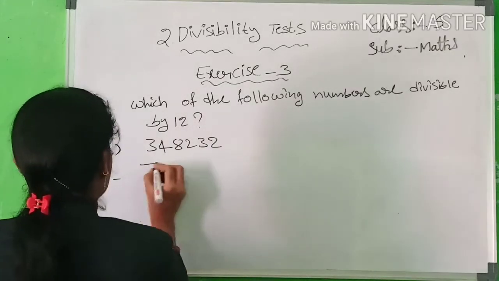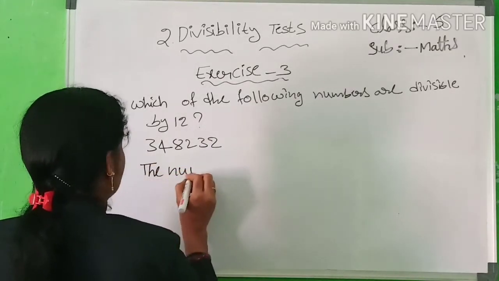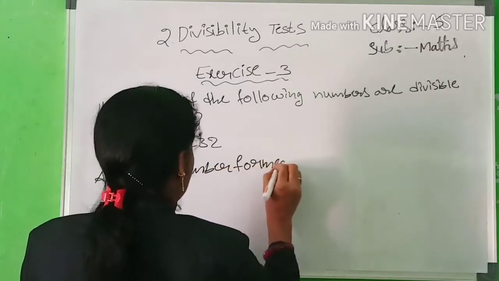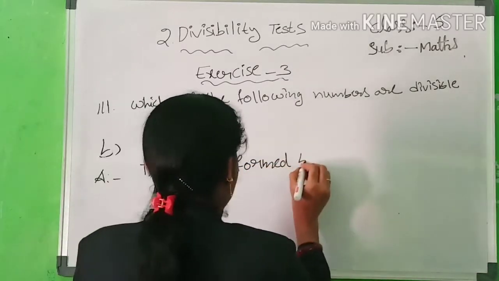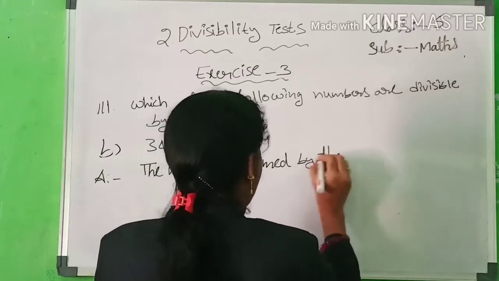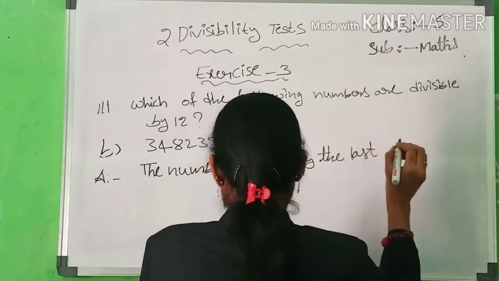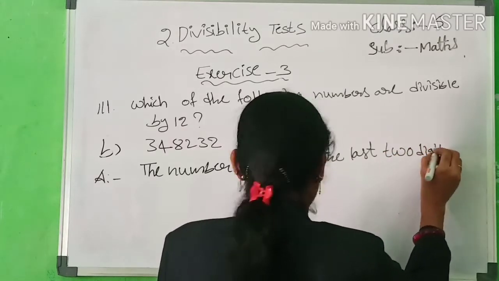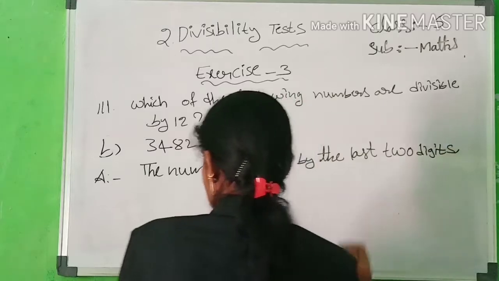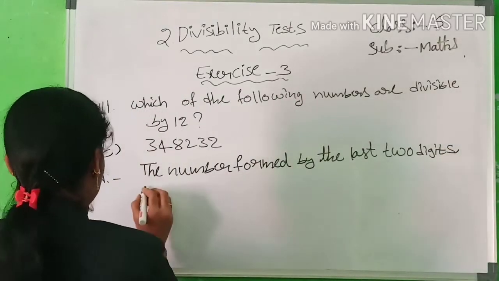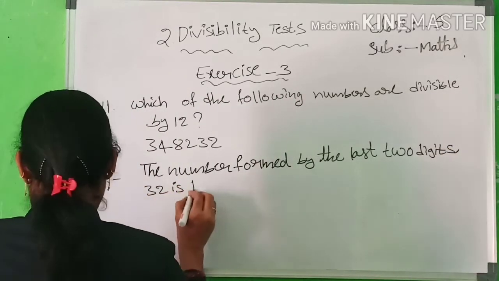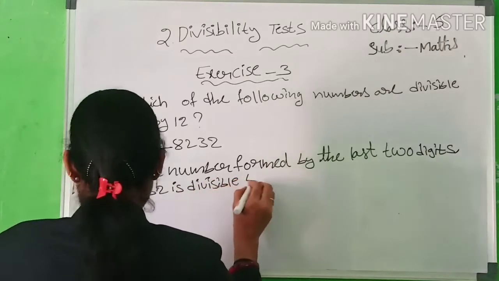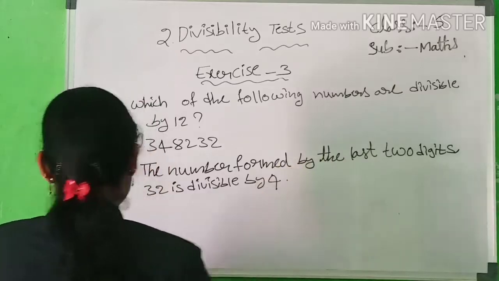The number formed by the last 2 digits is 32, and 32 is divisible by 4.